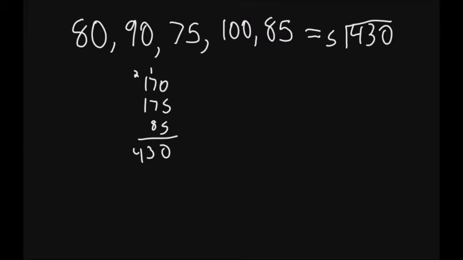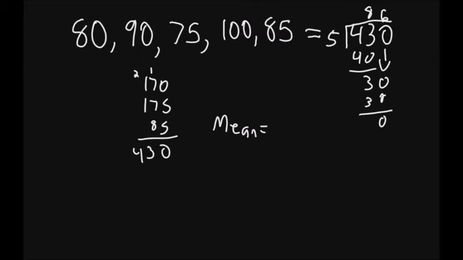So 430 divided by 5. So 5 will go into 43 8 times, which is 40. Subtract, I get 30. 5 goes into 30 6 times, which is 30, no remainders. Alright, so my mean equals 86.